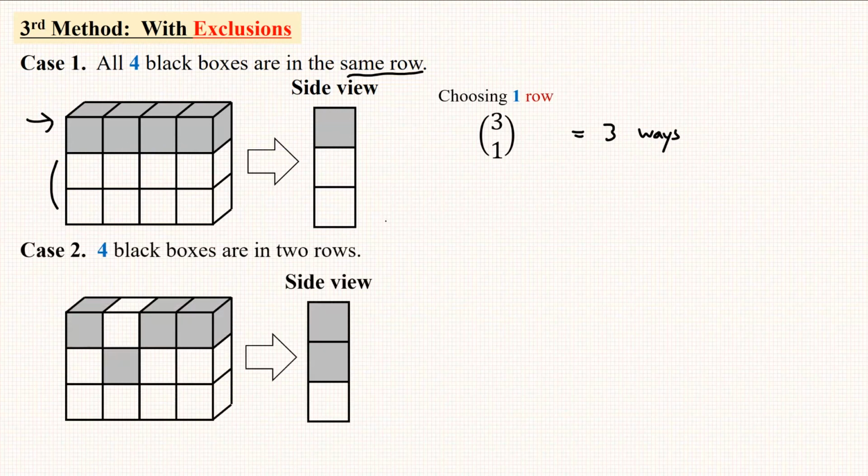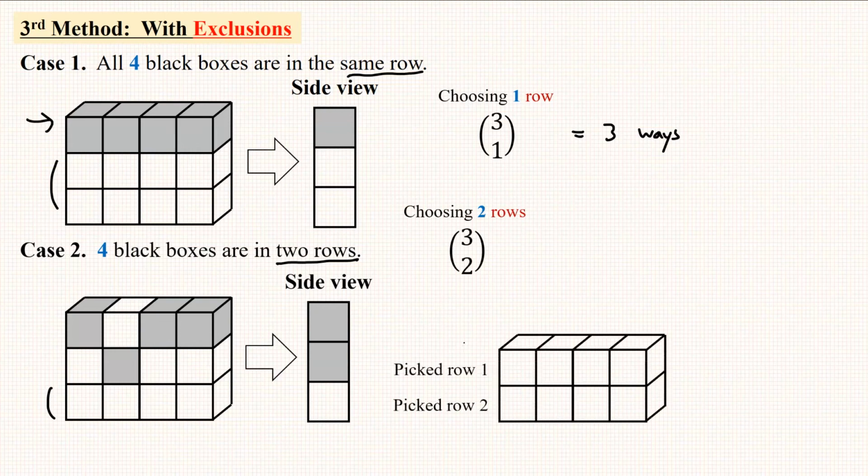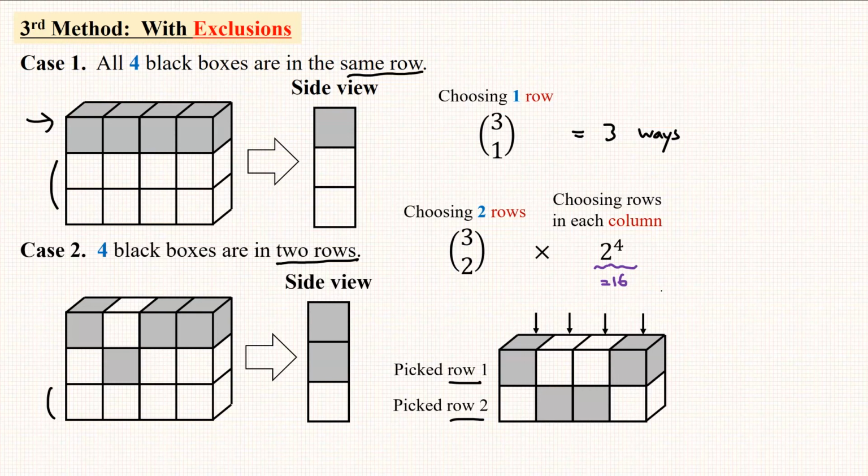Now the second case is when 4 black boxes are distributed in 2 rows, so that only 1 row remains unchanged. There are 3 choose 2 ways to pick 2 rows where the 4 black boxes will be distributed, and in these 2 rows, for each column, there are 2 rows to pick where the black box will be. This gives 2 to the power of 4 ways, or 16 ways, to distribute 4 black boxes in 2 rows, 1 at each column.